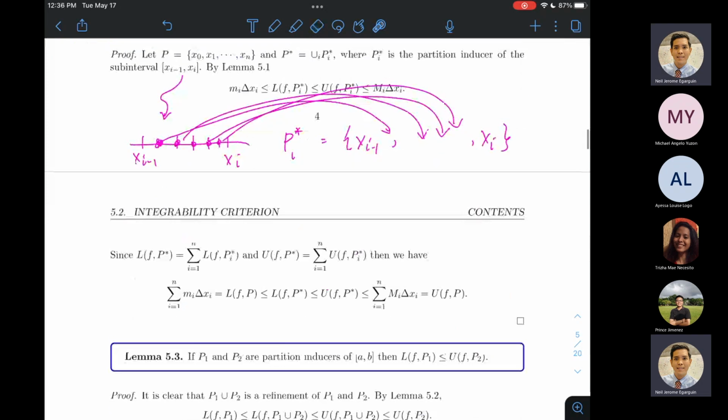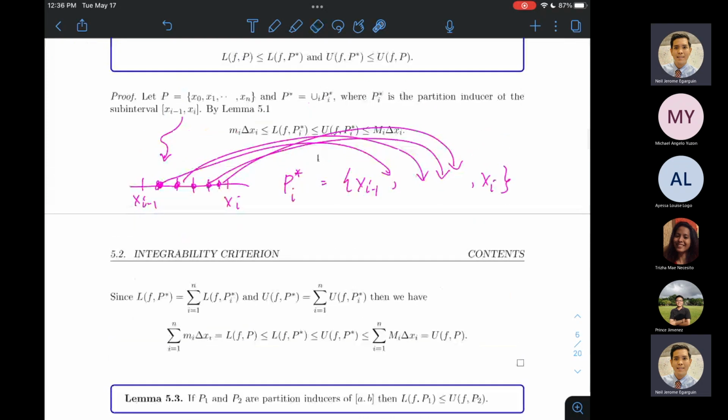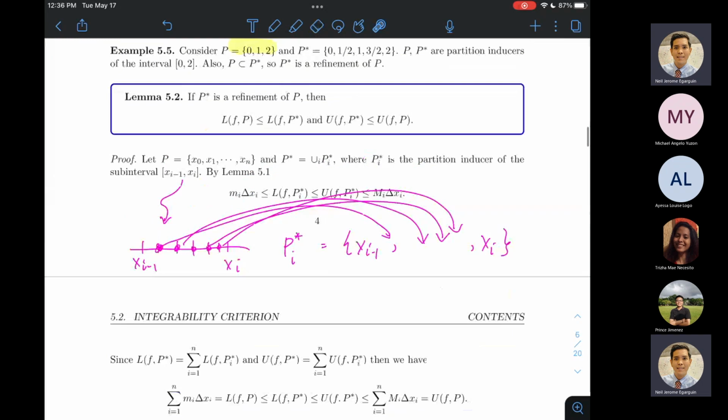Alright? So ang gagawin ko, kukunin ko yung summation ng bawat side na to as I goes from 1 until n. Okay? And you will notice na yung lower Riemann sum ni F with respect to the refined partition inducer P star ay equal lamang sa lower Riemann sum nung bawat isang partition inducer P sub I star.